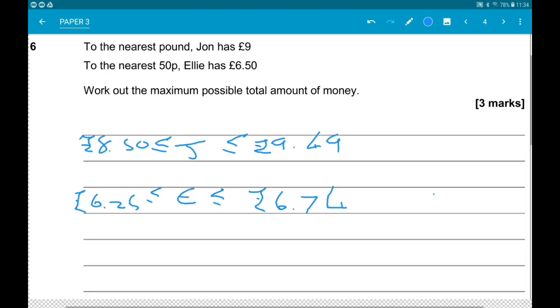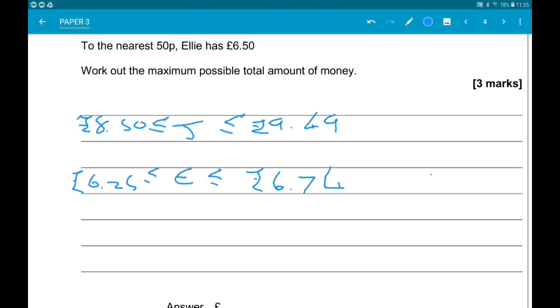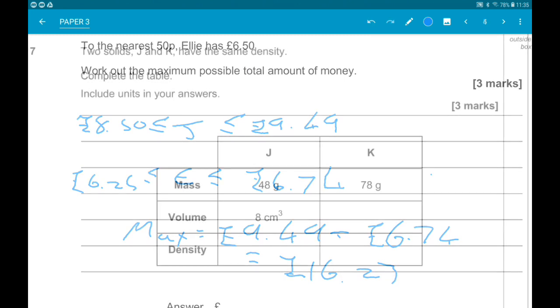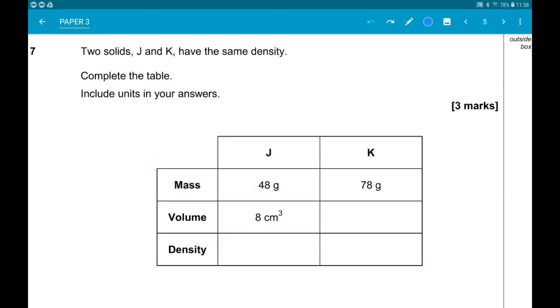So the maximum possible is £9.49 add £6.74, which gives us £16.23.